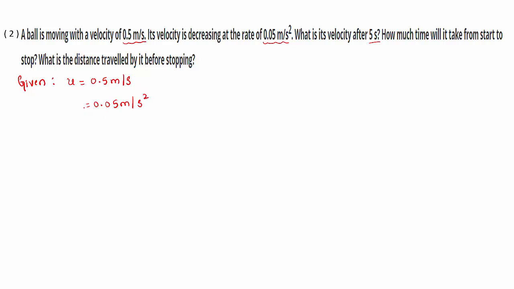So what is 0.05 meter per second square? See here, meter per second square is the SI unit of acceleration. That means acceleration is given, but here velocity is decreasing. So we can take it as minus 0.05 because it is not acceleration but it is deceleration. Here velocity is decreasing, so we can write minus 0.05 meter per second square.